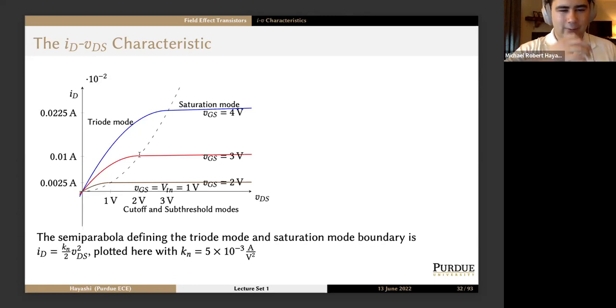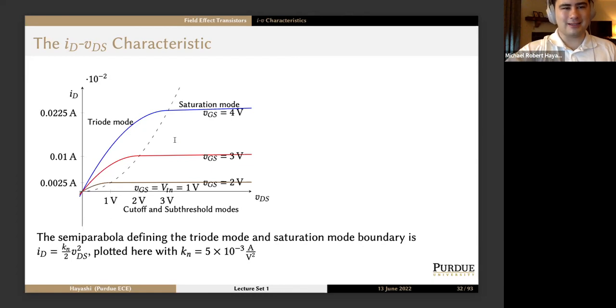And then when we have VDS equal to VGS minus VTN, we get saturation mode, where we have basically a flattening out of the ID values to a constant. There's this boundary between triode mode and saturation mode. That's a semi-parabola, and that's equal to Kn over 2 VDS squared. And I plotted it here with those values.